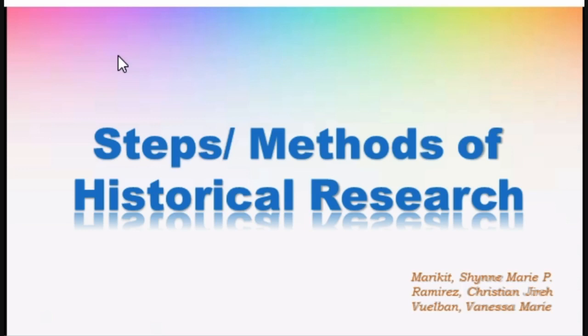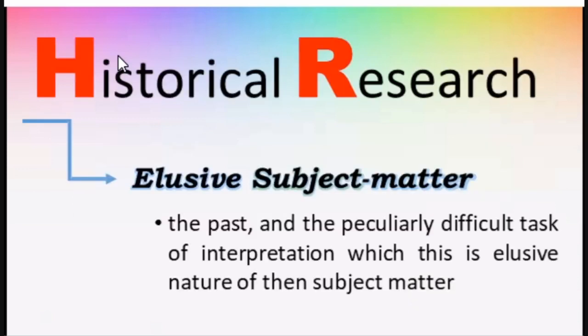So next, we have seen the characteristics. Now we are moving to the steps in historical research. The first step is the elusive subject matter: the past, and the peculiarly difficult task of interpretation, which is the elusive nature of the subject matter. We are taking events only from the past because it is history, right?